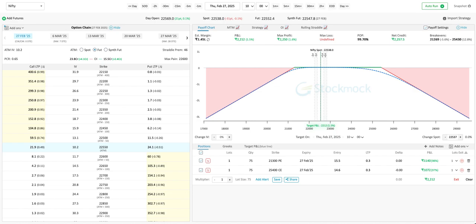In the next session we will see a little different aspect of selling options, and gradually we will move towards how the option prices and strategies are made, the basic building blocks of those strategies, so that you know how they are built and you can build your own strategies.